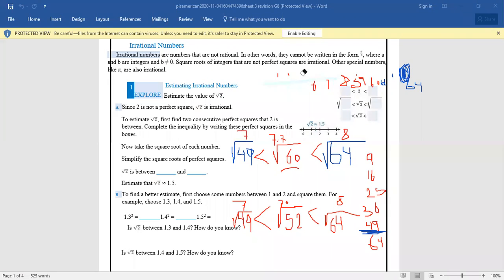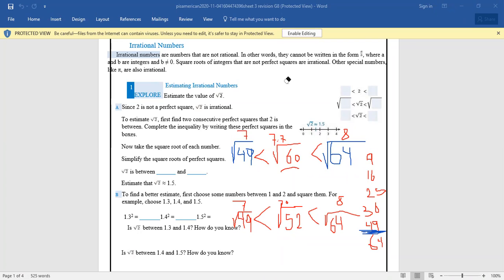Any other question, grade 8? Did you understand how you can find the value of an irrational number without using a calculator? This is my target at the beginning, without using a calculator. If you want to find the irrational number, you will find the two perfect square numbers before and after, go to the number before it, and then decide the decimal part.